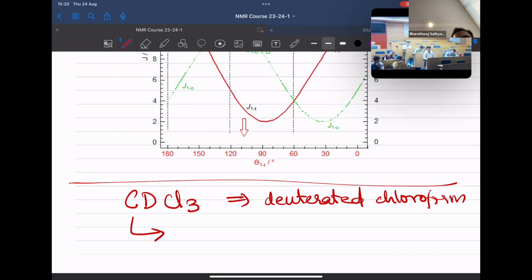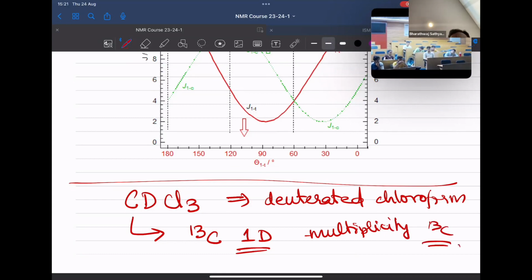What I would like you to tell me is, in the 13C one-dimensional NMR spectrum, what will be the multiplicity for carbon-13? This is one question.